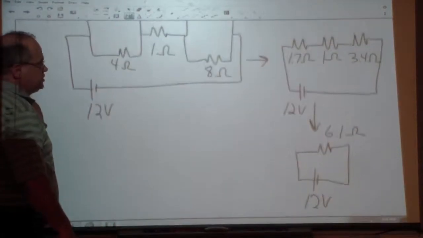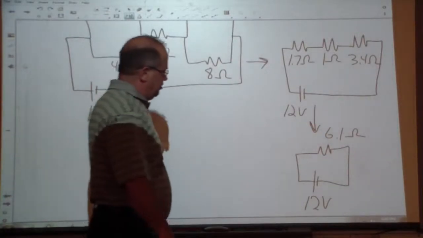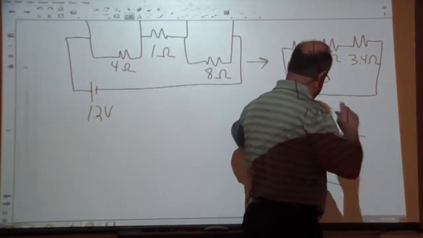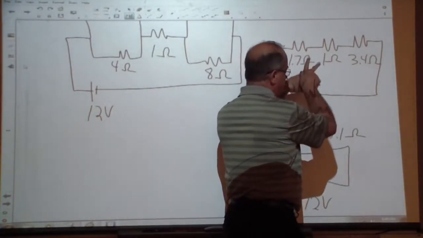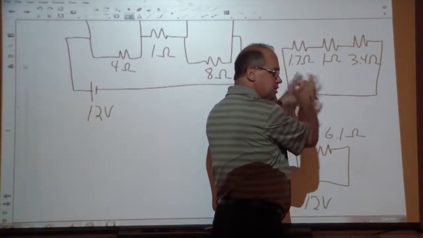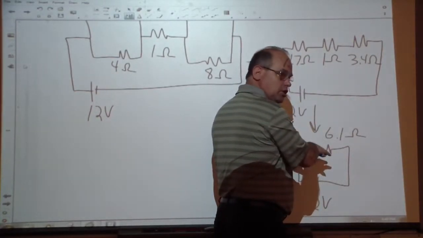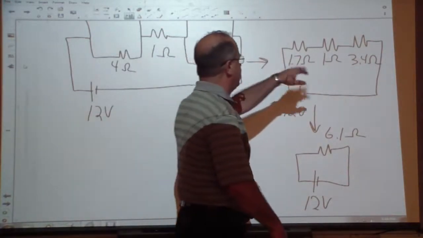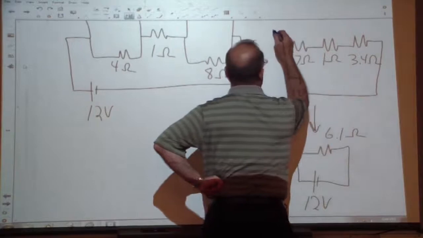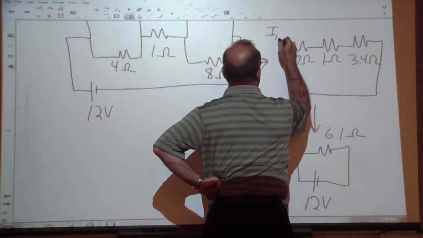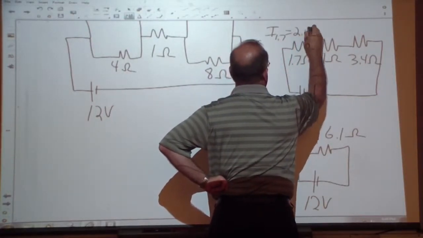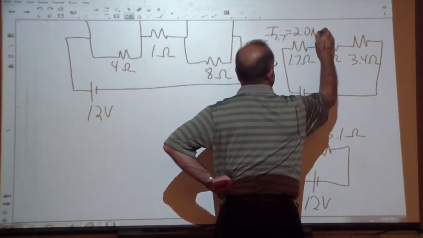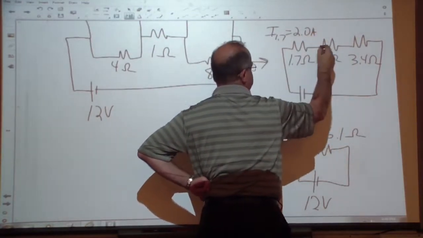Okay. Now let's go back to, from this to these three. What's the same of this one and these three? Well, this REQ comes from 3 in series, so therefore same current as the REQ. And the REQ was, what was it? 2.0, so all these are 2.0 amps, all right? I'm not going to have enough room. All three of these guys are 2.0 amps.